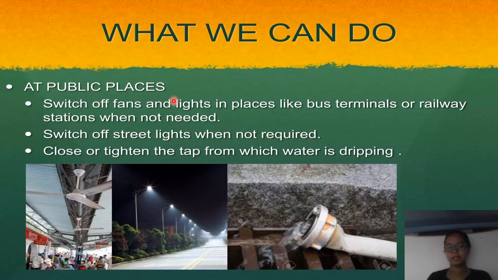And at public places, what can we do? Switch off fans and lights in places like bus terminals or railway stations when not needed. If you don't need it, just switch it off. Switch off street lights when they are not required, and close or tighten taps from which water is dripping.